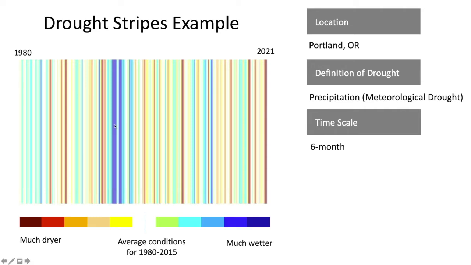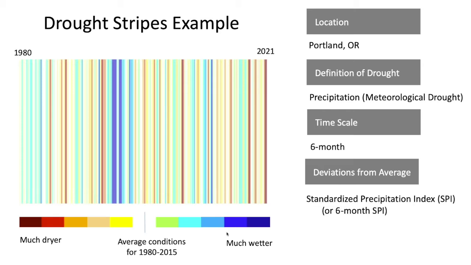Also, to create these drought stripes, we'll need a way to calculate deviations from average, where here the average is the whites, and these are deviations. So we choose to use the Standardized Precipitation Index, or SPI, which is a way to look at deviations from average, but it's standardized or normalized.